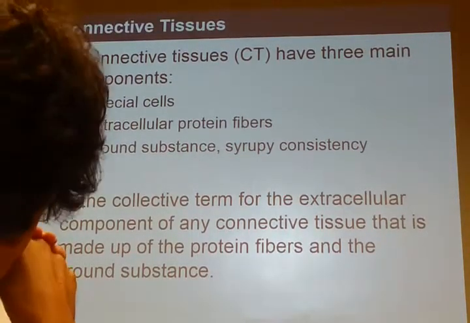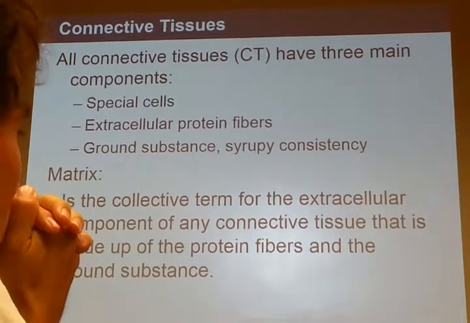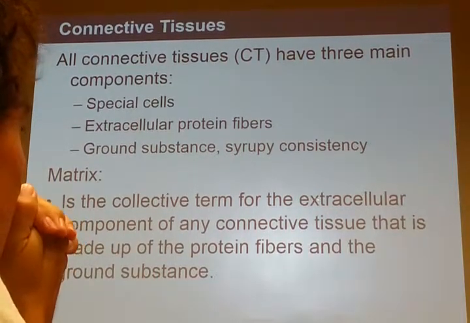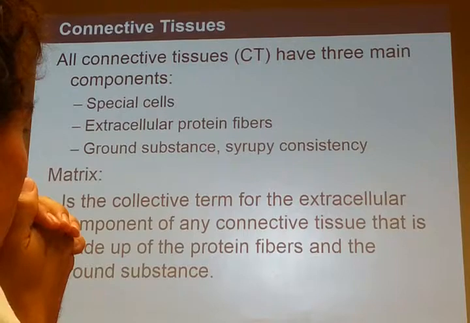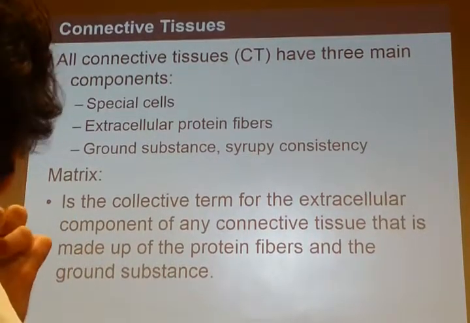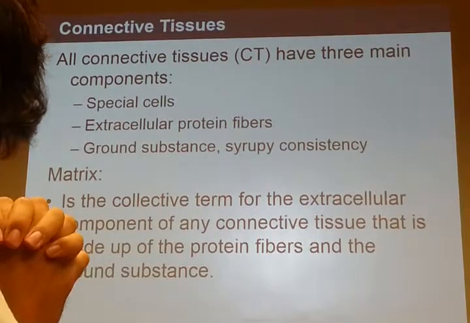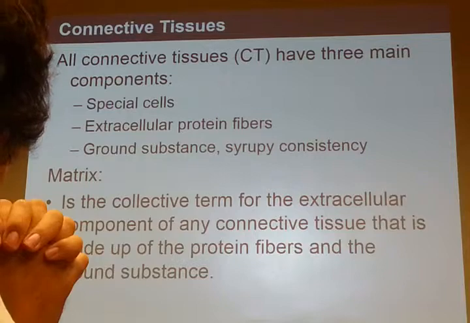for your bones and muscles. So matrix is a collective term for everything that is outside. Extra, if you don't already know, means outside. So extracellular, outside the cell. Intracellular is a little easier to understand. So extracellular is outside.